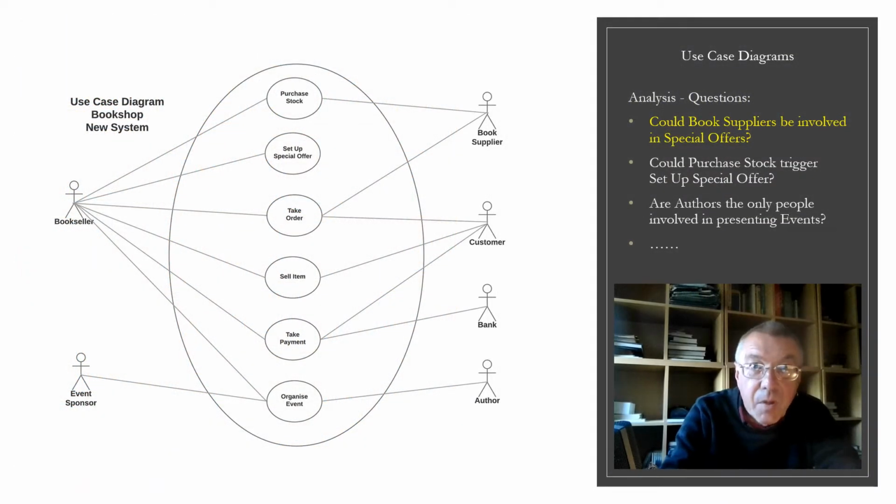For me, one benefit of diagrams in business analysis is they make me think, they make me question. By looking at the diagram, I can generate further questions, further ideas.